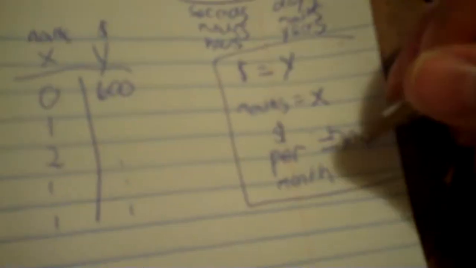Now, we started with 600. That's your first money amount. Then add the number over here. So after 1 month, you add 30, 630. After the second month, you add 30 again, 660. And that goes on forever. I can keep doing that from now until eternity. Okay? But that's how you organize your table.